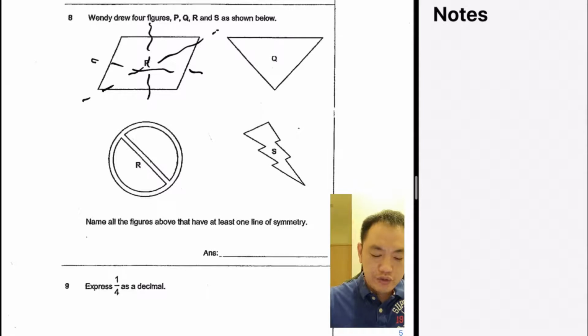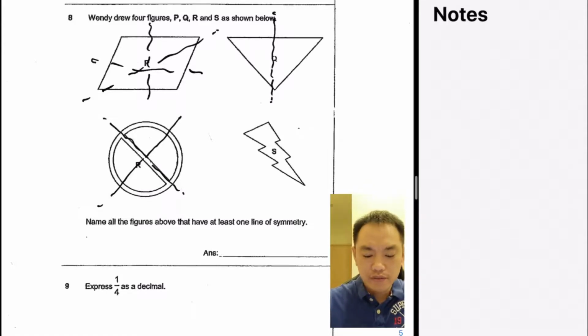Q is possible if you draw a line here, and for R, it's possible either if you draw the line here or here. Either way, it looks symmetrical. And for S, it's just not possible from the shape. So the answer will be Q and R.